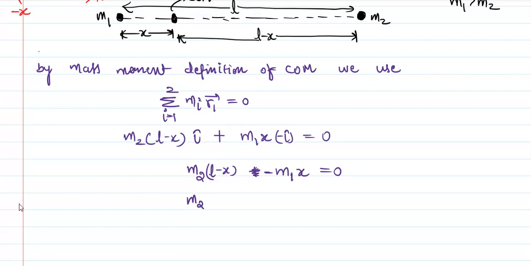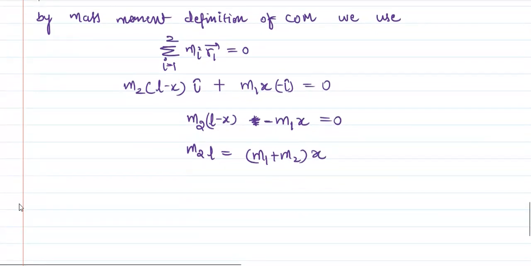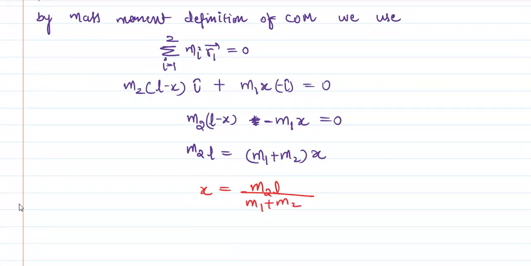Okay, next it will be m2 L is equal to m1 plus m2 into x. That means our final formula is going to be x equal to m2 L divided by m1 plus m2. x is position from m1.